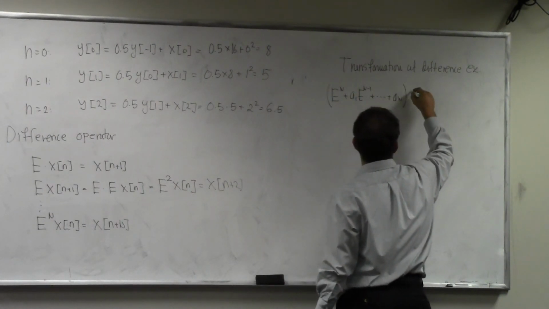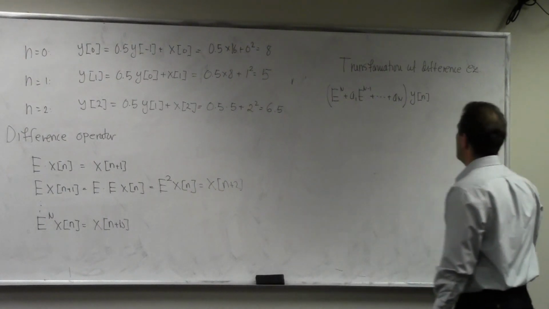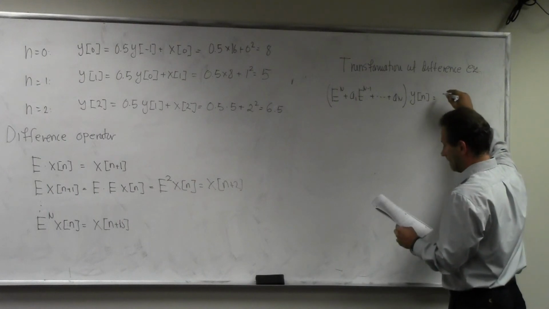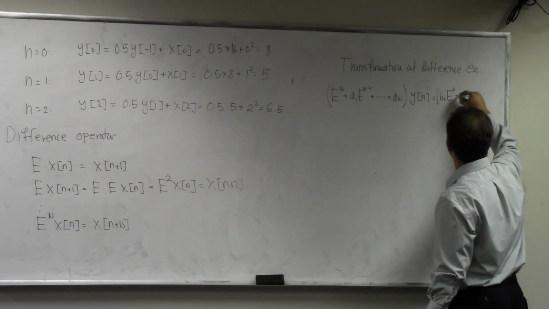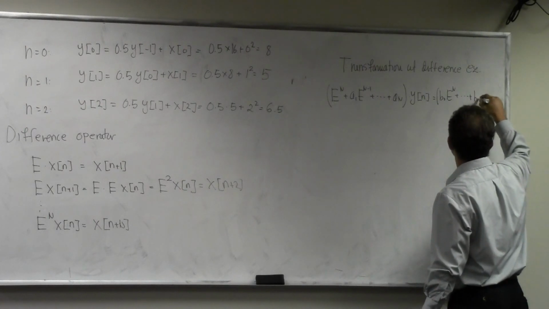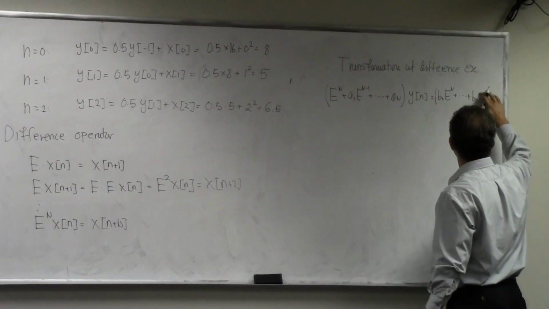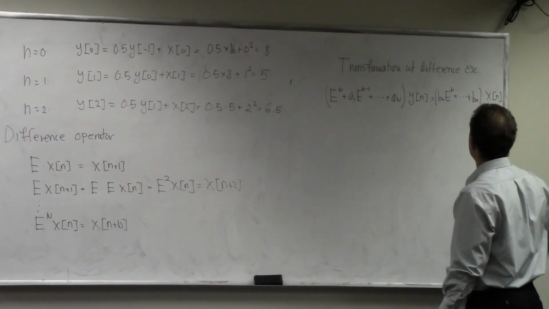This entire operator operating on sequence y[n] will be b0 E to the N plus and so on plus bN, just bN, operating on the sequence x[n].